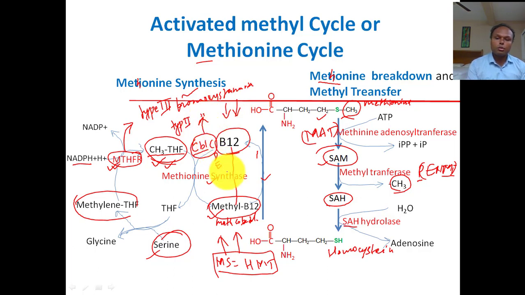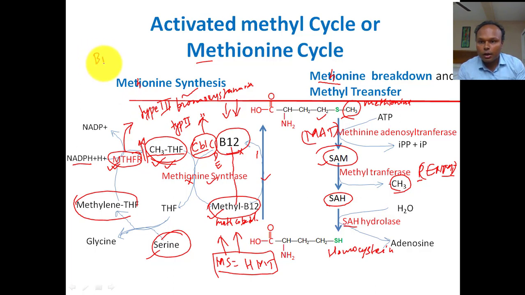In type 2 homocystinuria, if this enzyme is defective or vitamin B12 is not there, what will happen? There will be a high amount of folate. There will be tetrahydrofolate, but this tetrahydrofolate does not find a way to be incorporated into homocysteine, and that is why, when there is a defect in vitamin B12, there will be high accumulation of methyl tetrahydrofolate.